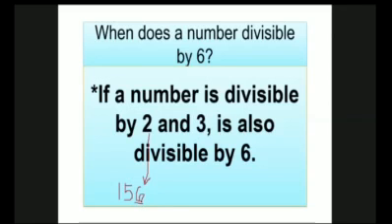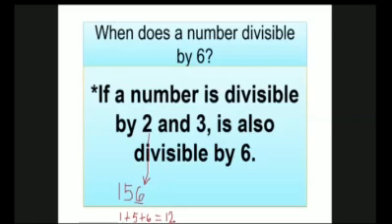Yes, 150 is divisible by 3, and adding 3 threes gives you divisibility. Or else, you add 1 plus 5 plus 6. 1 plus 5 is 6, plus 6 will give you 12.